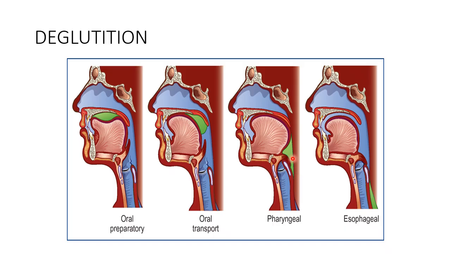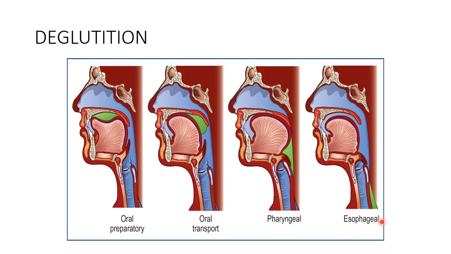So these are the events: upward movement of soft palate, downward movement of epiglottis, approximation of vocal cords, and relaxation of the upper esophageal sphincter. These are the events taking place in the pharyngeal phase.